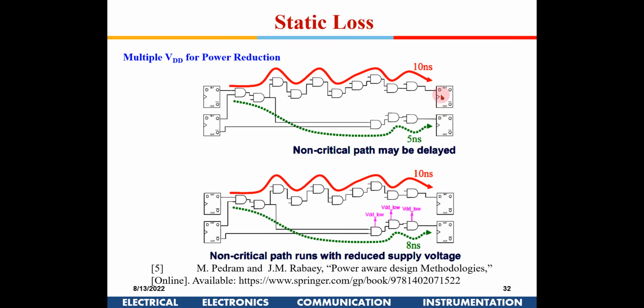The input is coming here at 10 nanosecond, so my clock will be at least 10 nanosecond period, because I can't have a faster clock. So I have to wait. Here it was reaching at 5. In this particular path, I reduce the VDD now, and hence it will come delayed, but still it is faster than the 10. So I can save some amount of power. Is it okay with all of you?